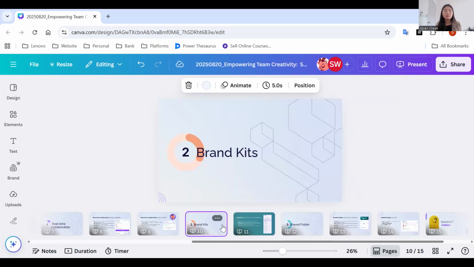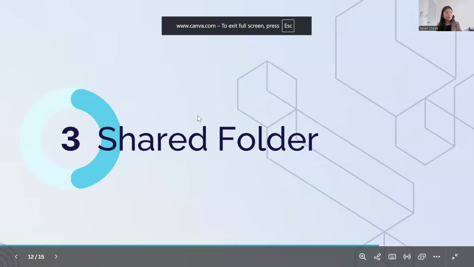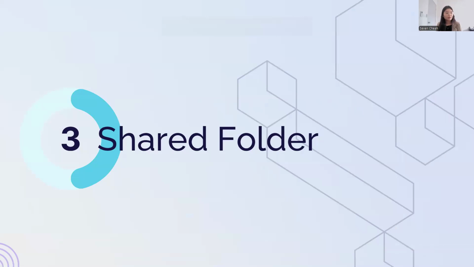So the second tip, if you cannot find a consistent brand element, which is brand kits, then we come back to the third one, share folder. Okay, so just now we mentioned there's one challenge for us, which is we cannot find the folder link. This actually happens quite often, especially the larger the team, right?